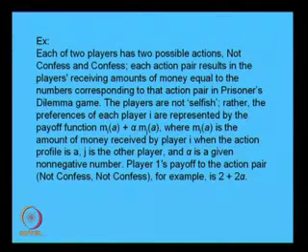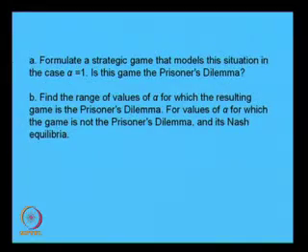Player 1's payoff to the action pair not confess, for example, is 2 plus 2 alpha. So, the first question that is being asked is to formulate a strategic game that models this situation in the case of alpha equal to 1. Is this game the prisoner's dilemma?